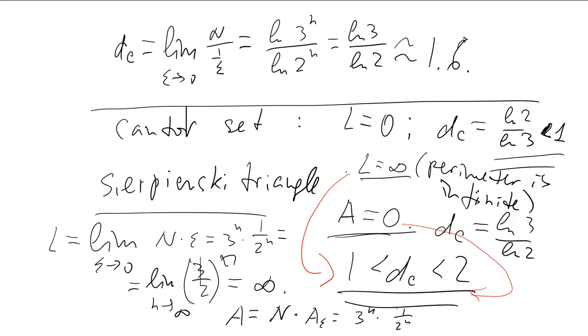So this should be squared times half. You can check it, it's area of triangle. Half times sine 60 degrees. So this will be some constant times 3 over 4 to the power of n. Which tends to 0.